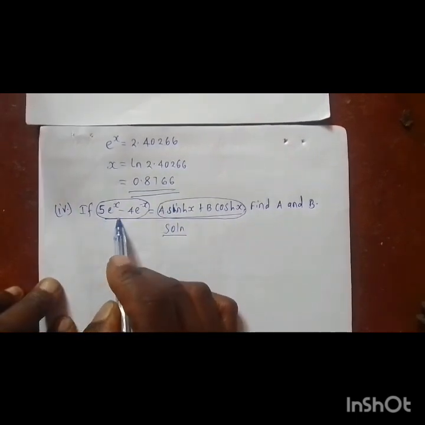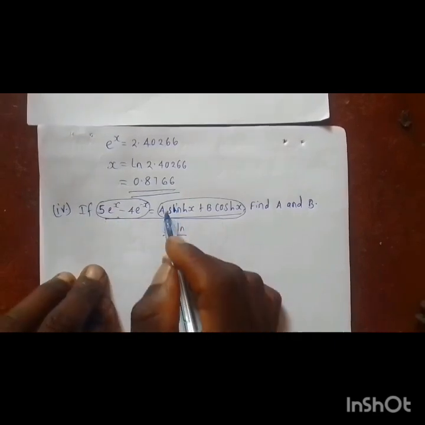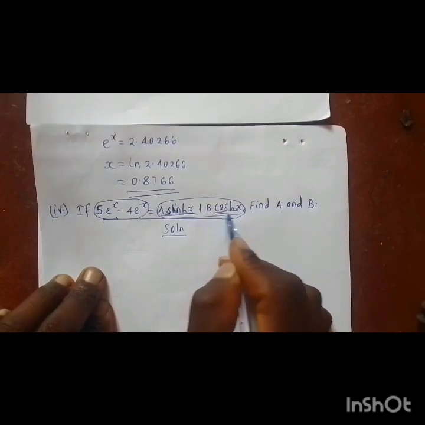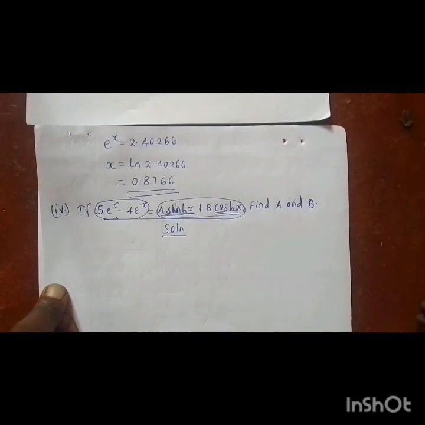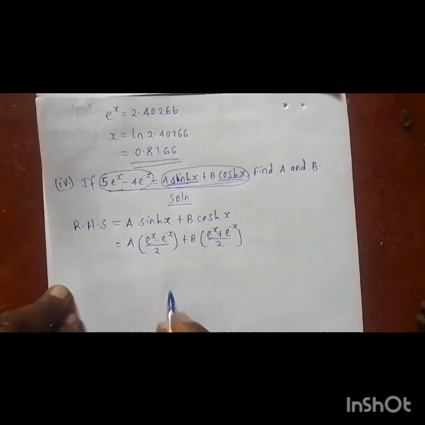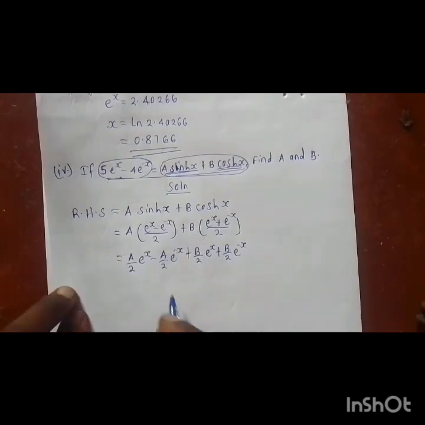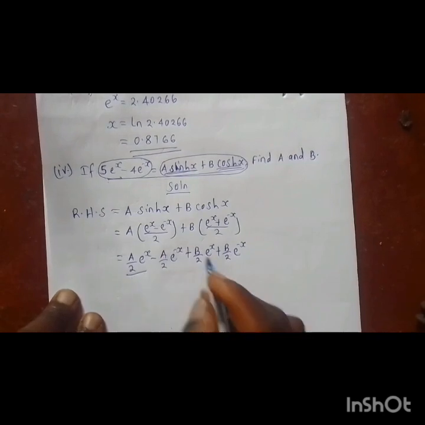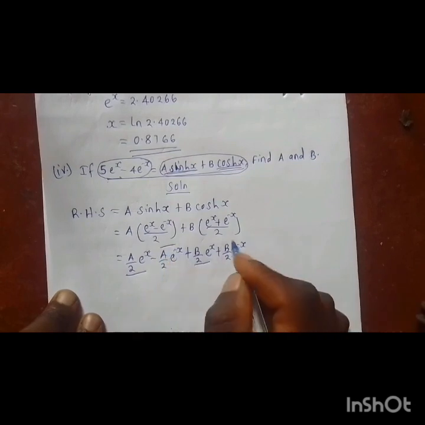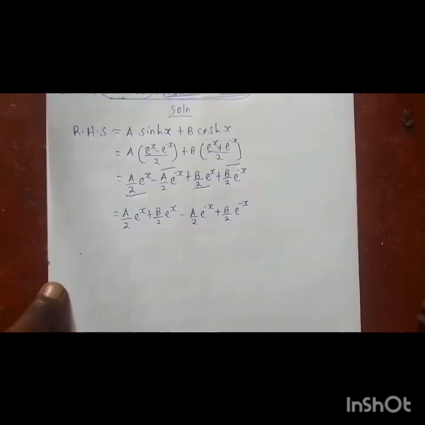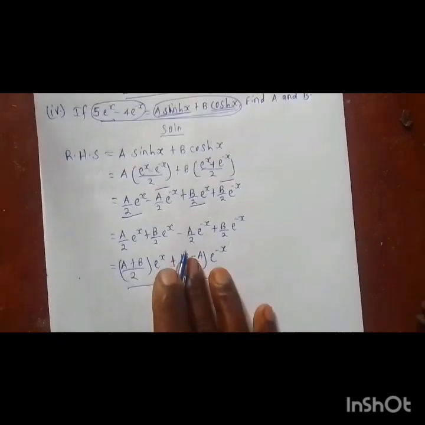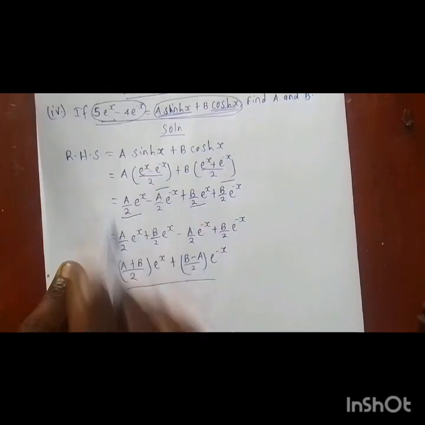But the left hand side is fully simplified, so we express these hyperbolic expressions in their correct form. Now we open the brackets, we put the right terms together, this and that one, this one and that one. So we equate this value to the value in the left hand side.